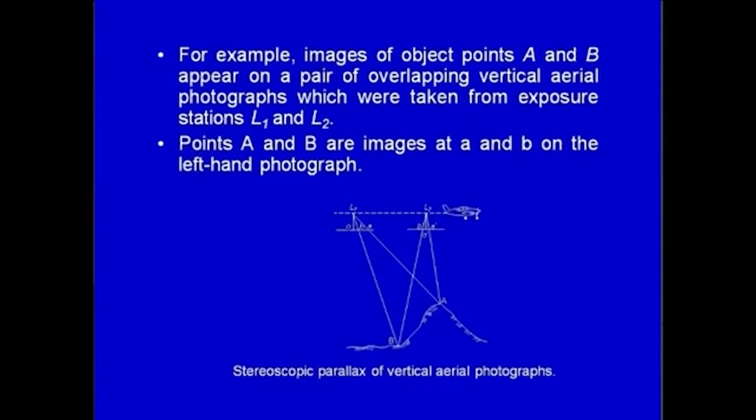For example, the images of objects A and B appear on a pair of overlapping vertical aerial photographs which were taken from exposure stations L1 and L2. Points A and B are imaged at a and b on the left hand photograph.